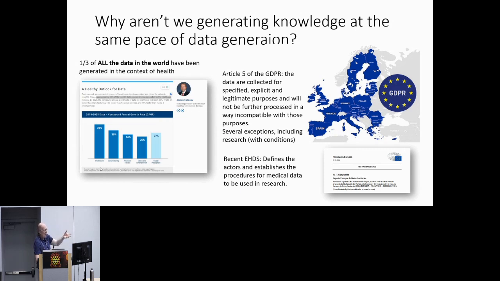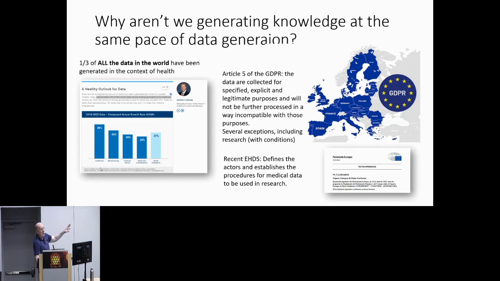So this secondary use can be done, but it's a little bit more complex, right? And the recent European Health Data Space has defined the actors who can deal with the data and established the procedures for how medical data are to be used in research, right?